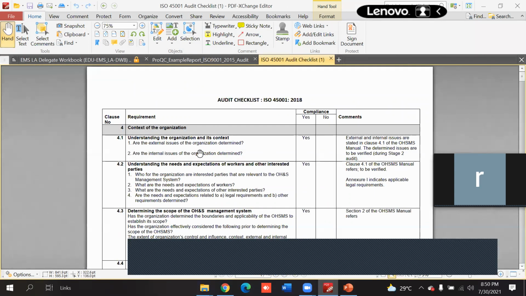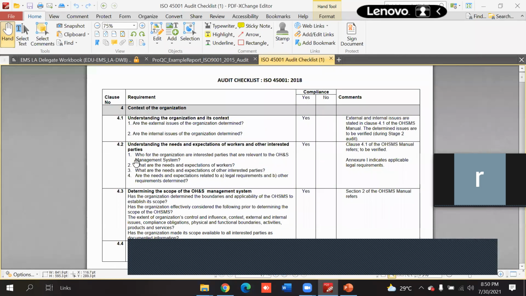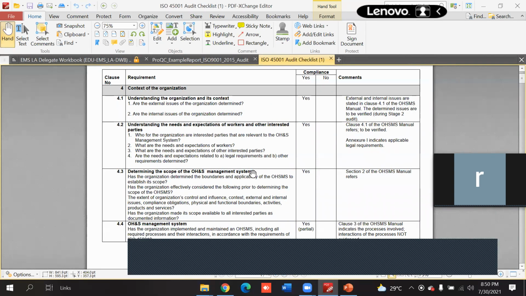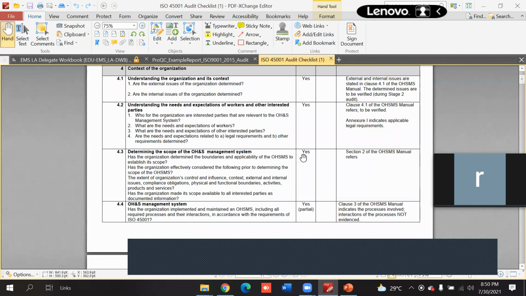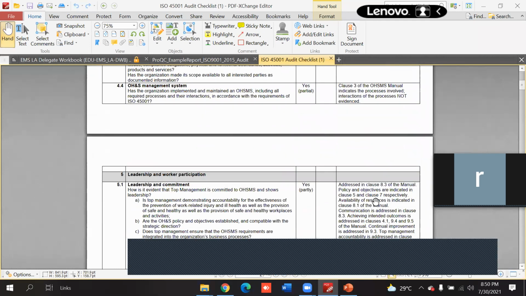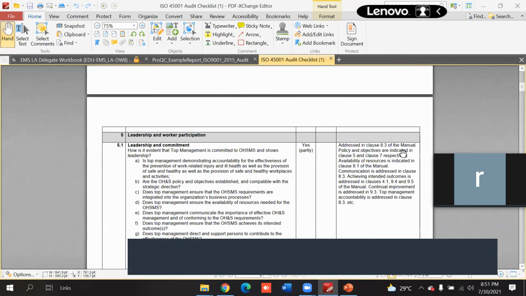I think most audit checklists go by clauses. So either compliance and what the comments are, right? And therefore, as per individual standards, they check. Then if it is there, yes, what do the manuals refer to? The evidence needs to be captured.